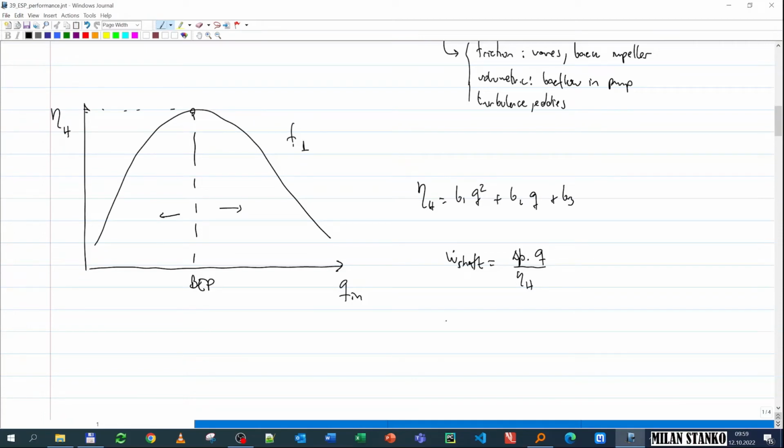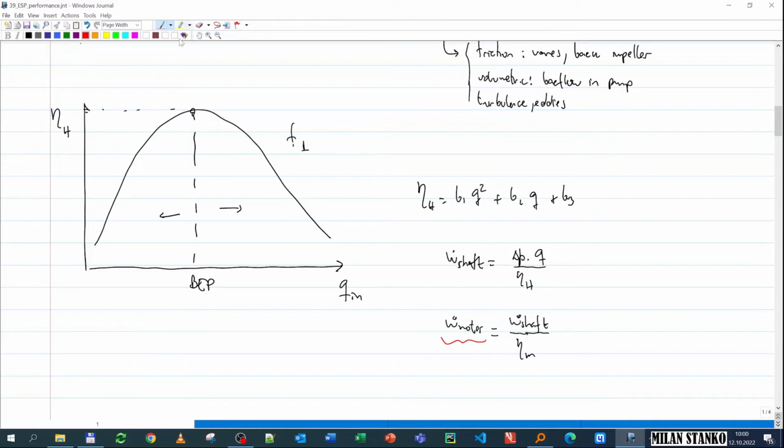Then I can calculate the motor power with the mechanical efficiency, which is W shaft divided by mechanical efficiency. And this is the capacity of the motor I have to design for my pump.